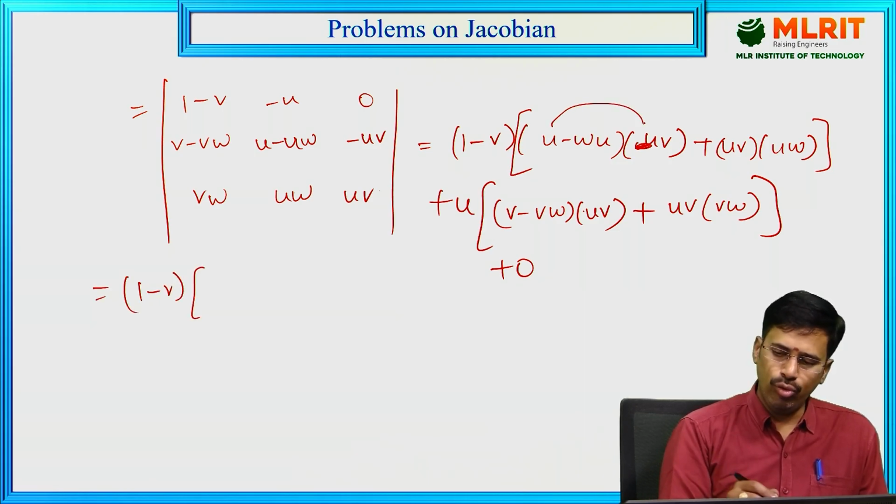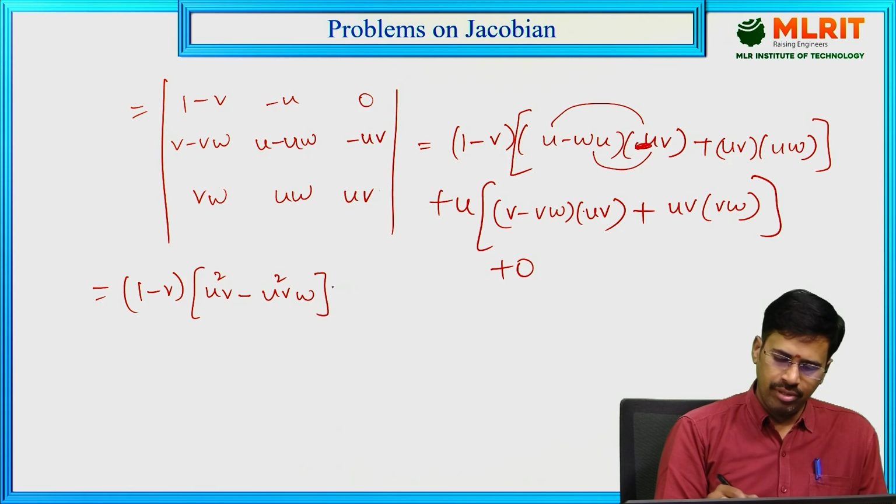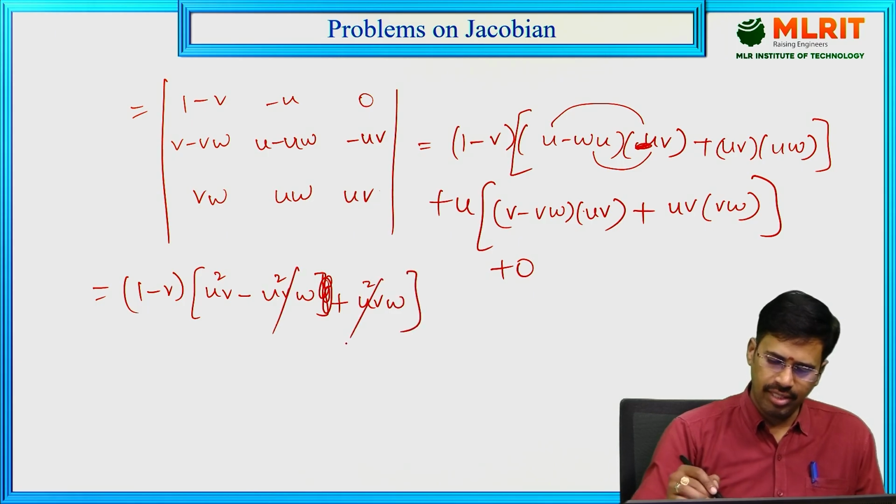u into uv, that is u square v, minus wu into uv, that is u square vw, right, plus u square vw, so these two are cancelled.